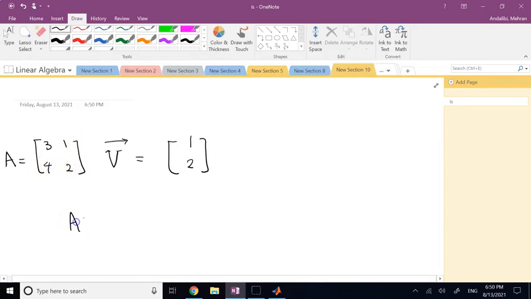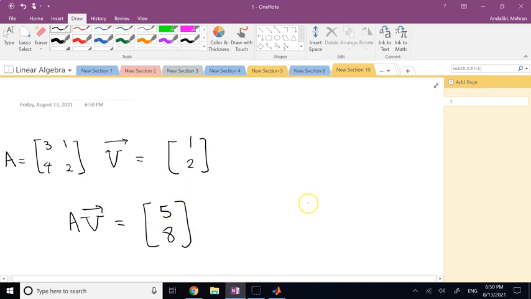So when I say A times v, let's see what happens. When I multiply that by this, I get a 3 and a 2, that's going to be 5. Then I get a 4 and a 4, I get 8. Now, the slope of v is 2 over 1. The slope of this one is 8 over 5. So although this is close to 2 over 1, it's not exactly equal.